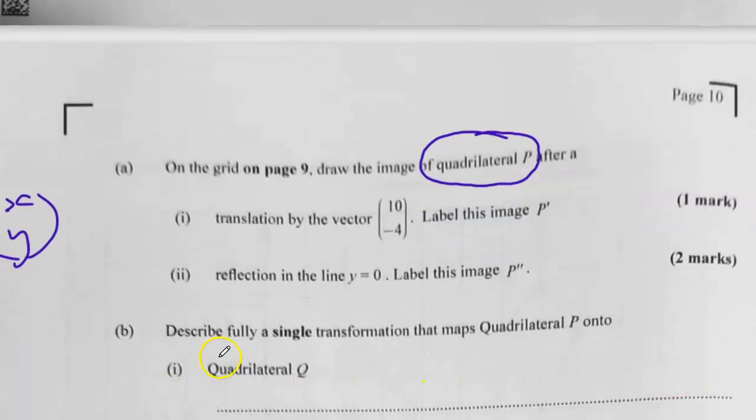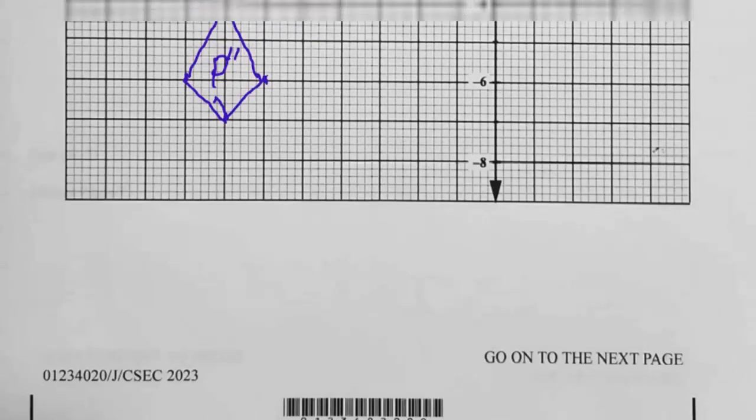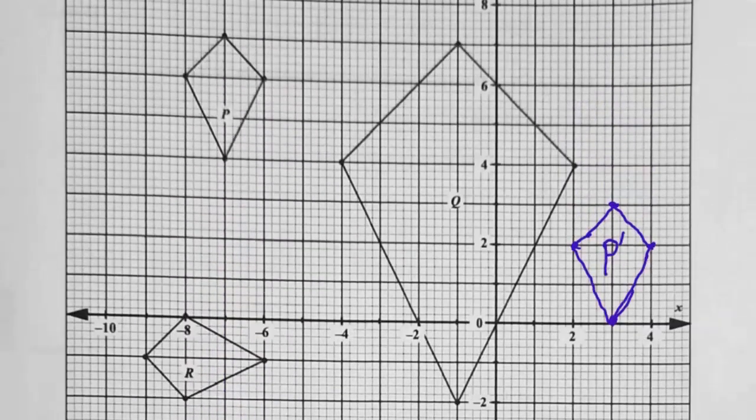Next, we're asked to describe fully the transformation that maps quadrilateral P onto quadrilateral Q. Let's look back at the diagram again. So we're asked to describe a transformation that maps P to Q. And obviously, it is an enlargement.